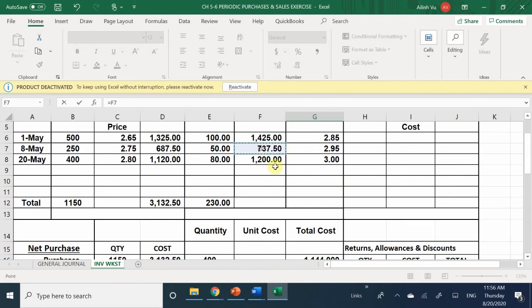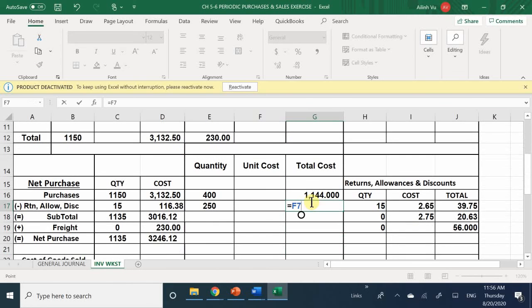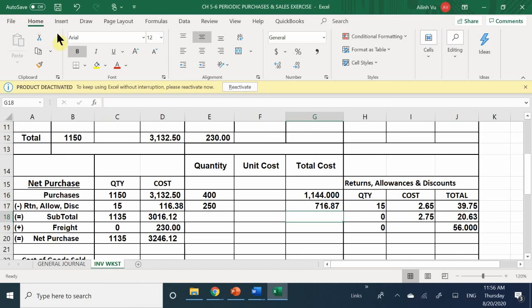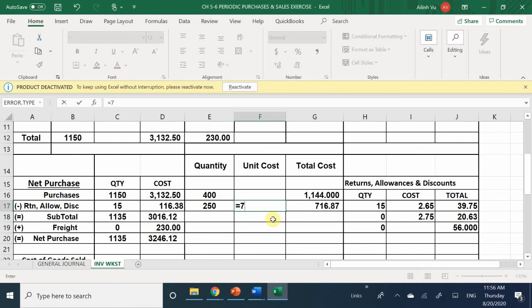So we're going to take our 737 and subtract out our discount here for our $20.63. All right. And here I get a grand total of $716.87. And I'm going to go ahead and just solve for my cost per item.